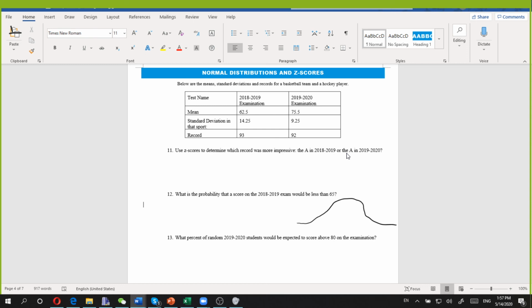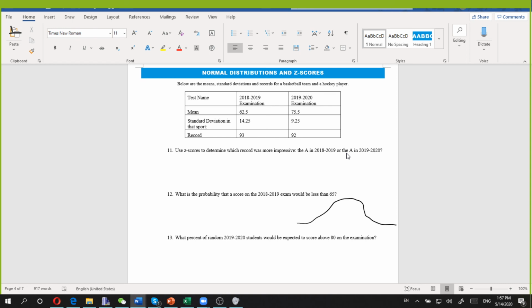Okay, so I think first I gotta find the percentage, maybe. Okay, percentage. Wait. You're right. Percentage of values that would fall between what and what? That would be less than 65.